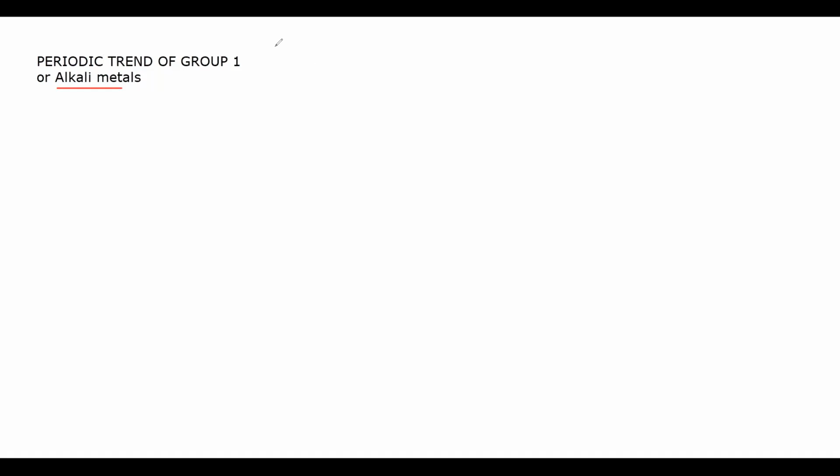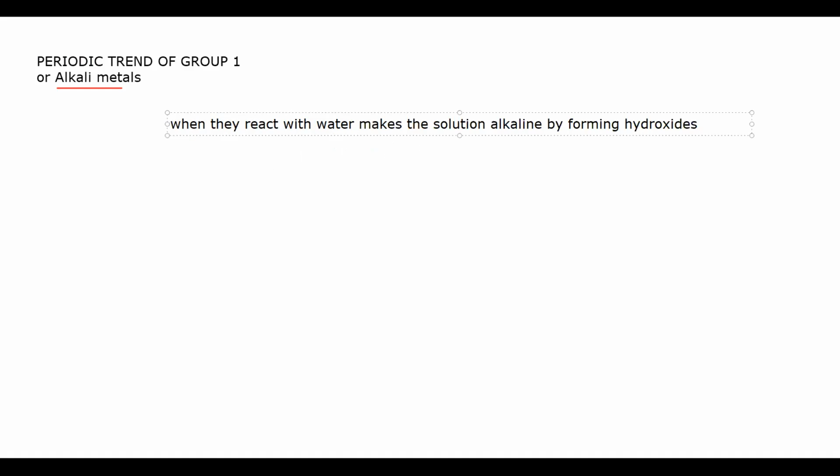Because when they react with water, they make the solution alkaline by forming hydroxide. Whenever these alkali metals mix with water, they make the solution alkaline. That's why we call them alkali metals.